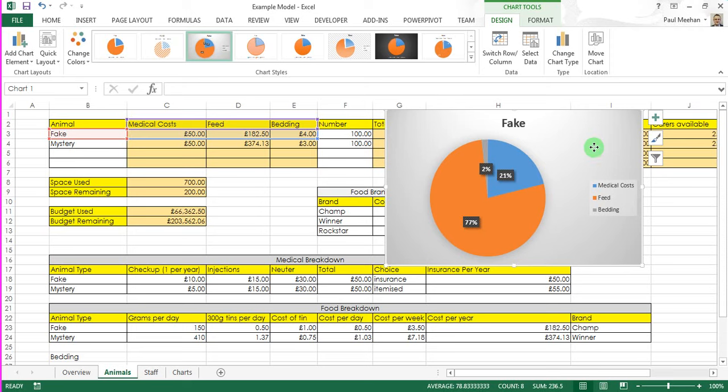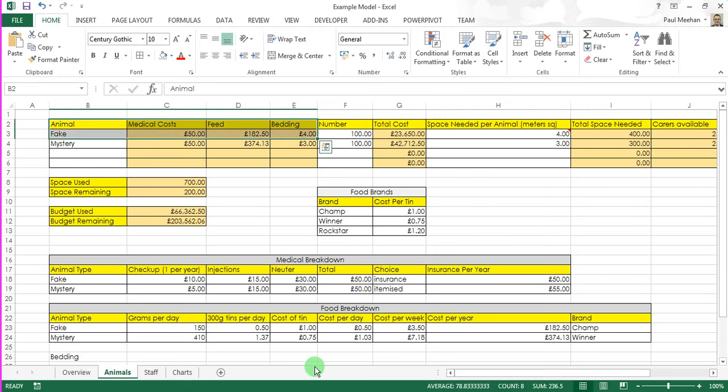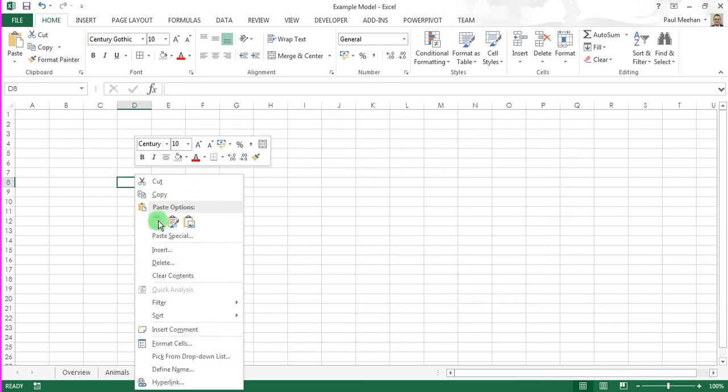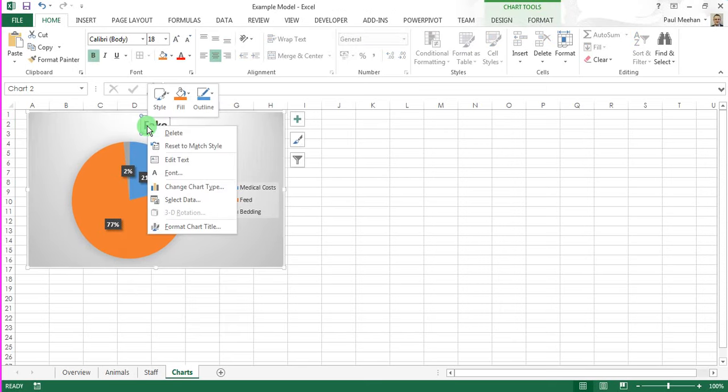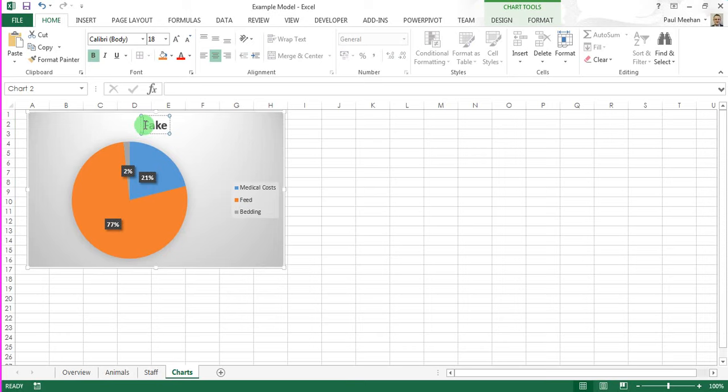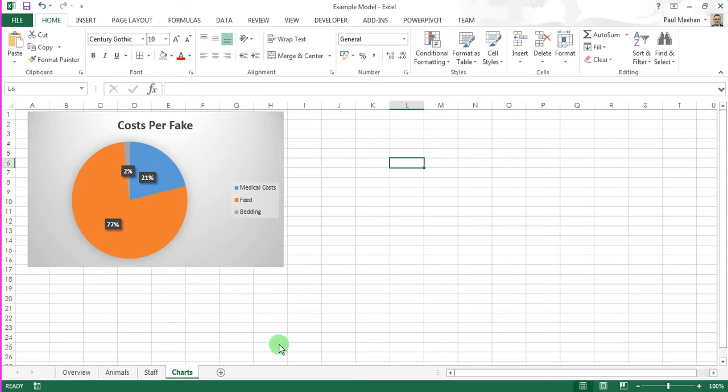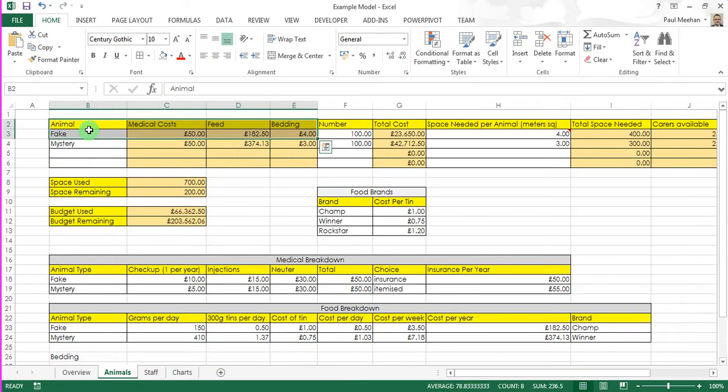Let's cut this and put it on the page, costs per fake. Come back to the animals. If you want to do the same titles there again, highlight that one top row, and I believe it's control, yeah, fine. So it will select that and miss out the fake.